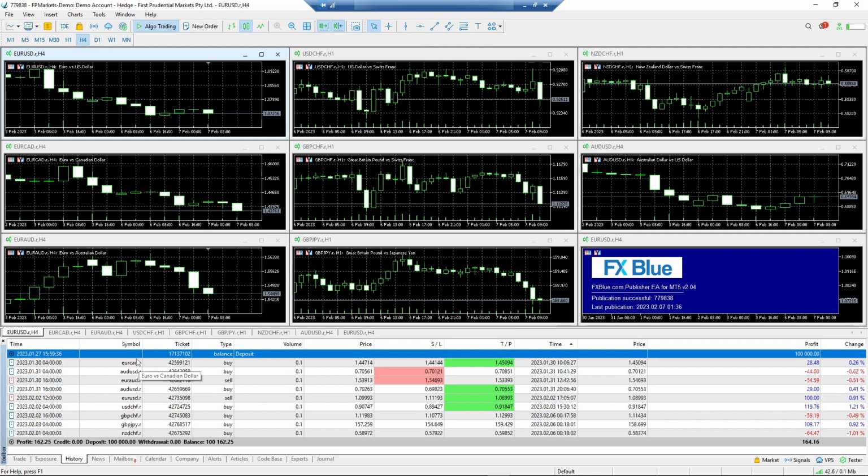If you can see here, the first one is EuroCat, which was also a nice positive one. We cashed in $28 on this particular one. Aussie USD was then a negative one, and we lost also the next one, which was Euro AUD, with $44 and $54. After that, we have 3 consecutive wins: Aussie USD, Euro USD, and again USD Swiss francs.